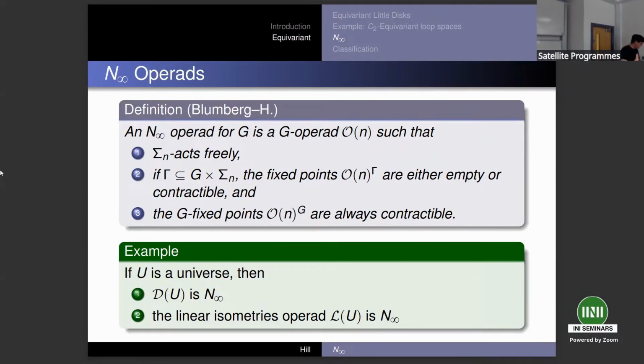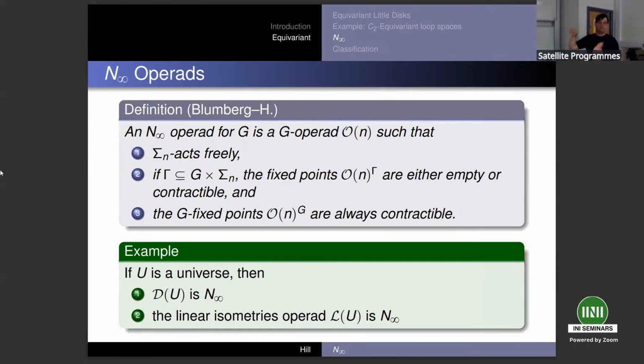All right, so some examples. If I have a universe, before I never actually said how big my representations were. I just said they were orthogonal representations. So you were probably thinking finite, and that was a deliberate obfuscation on my part. But it worked basically the same way if I allowed them to be infinite representations.